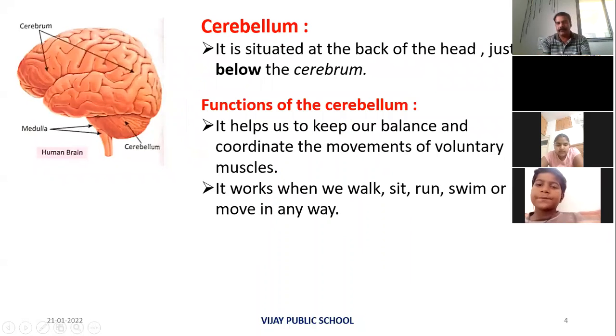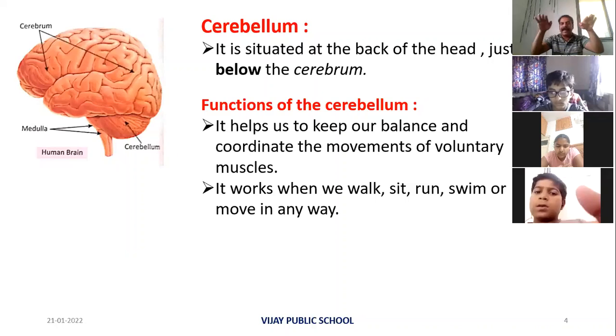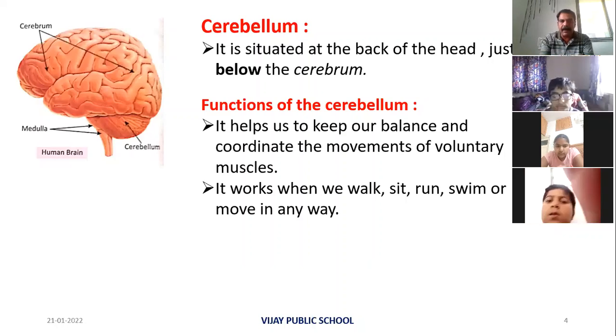Next part is the cerebellum. The next important part of the human brain is the cerebellum. It is situated at the back of the head, just below the cerebrum. The cerebellum plays a very important function of balancing the body. It helps us keep our balance and coordinate the movement of voluntary muscles.